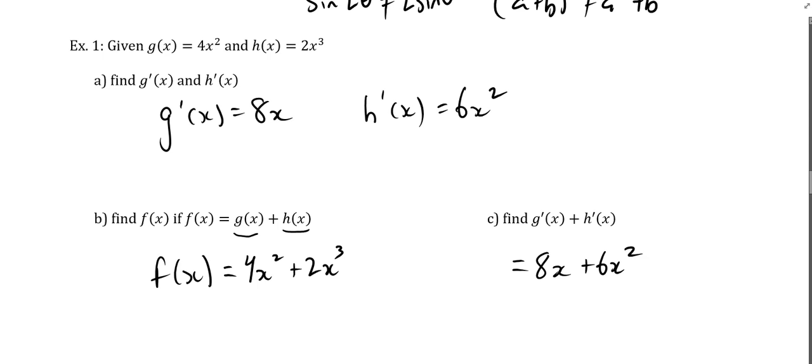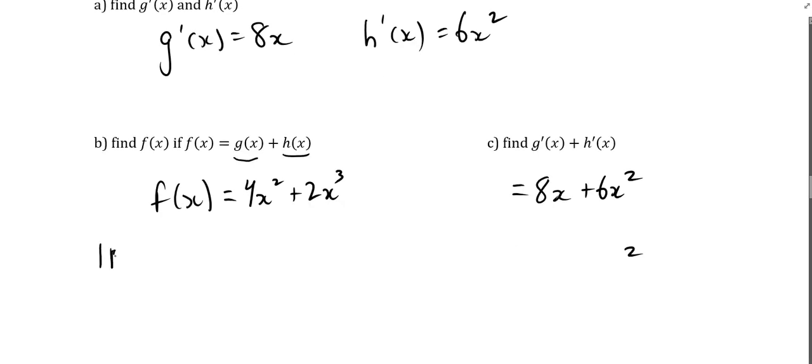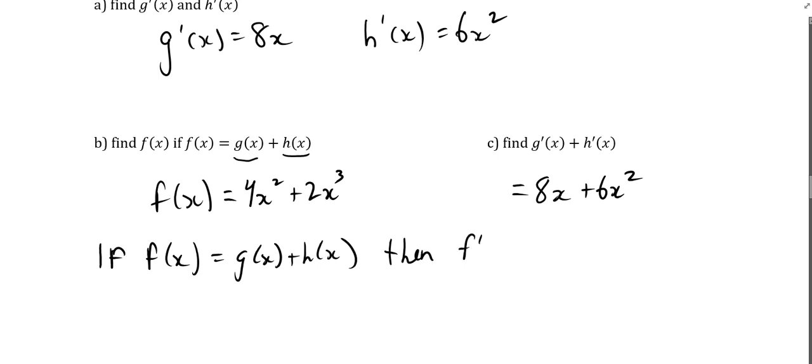So what do you notice about that? So what we would assume, I think, is that if f at x equals g at x plus h at x, then f prime equals g prime at x plus h prime at x.